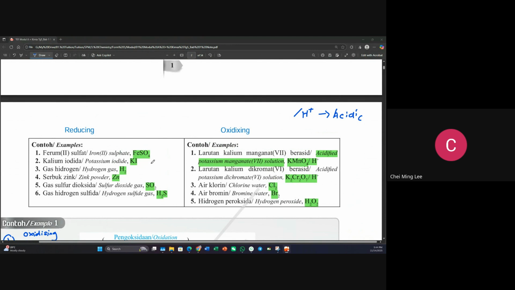Oxidizing agents are normally those that easily become negative charge, like group 17 elements such as chlorine water and bromine water.